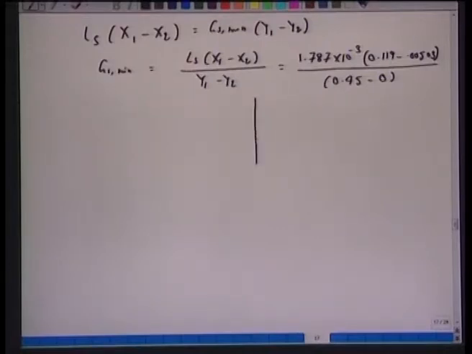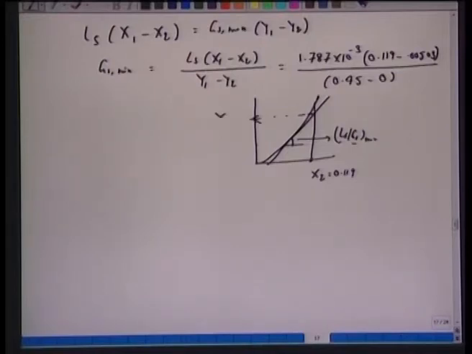That would be your equilibrium curve. From here we have drawn this tangent, okay, and we had this x2 which was given to us at 0.119. From the slope LS by GS min, corresponding to this minimum amount of GS, we have this point given as y2.